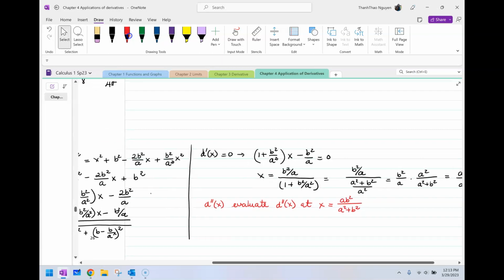I will leave this to you to evaluate the derivative and check for yourself whether we did or did not get the point that gives us the minimum distance to the origin.